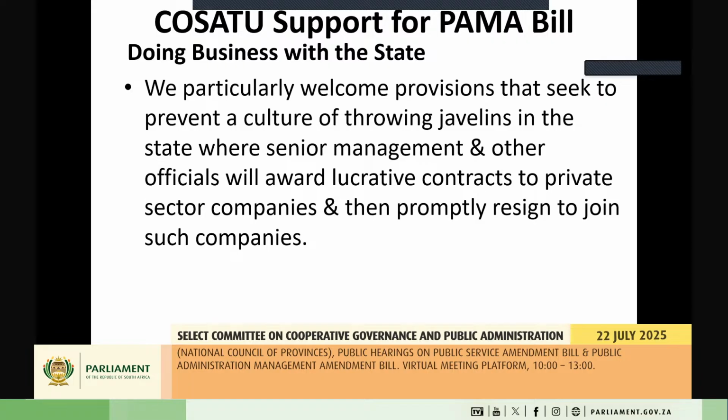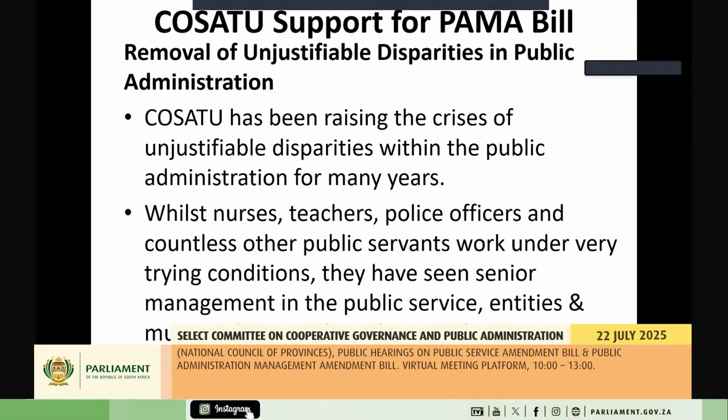They're not going to resolve it, but they provide a useful step forward in dealing with the culture of state capture. All too often we've seen a chain in supply chain where officials give tenders to themselves, to their friends, to their families. We've also seen at times officials allocating very lucrative contracts and resigning to join this company. So we think these provisions are a useful step in dealing with that issue.